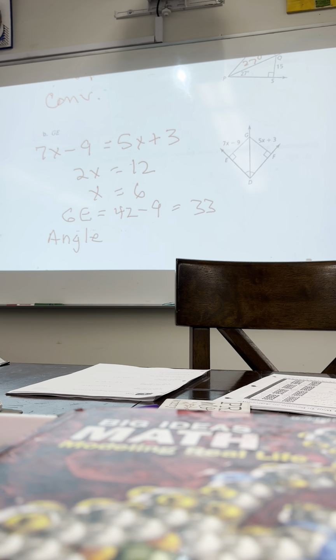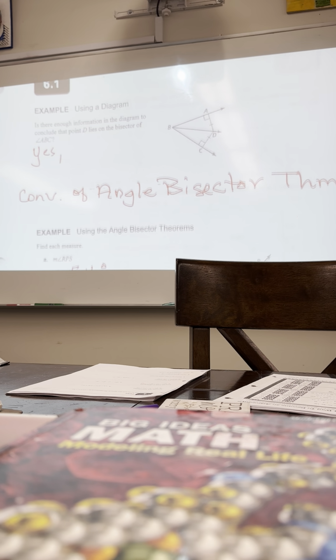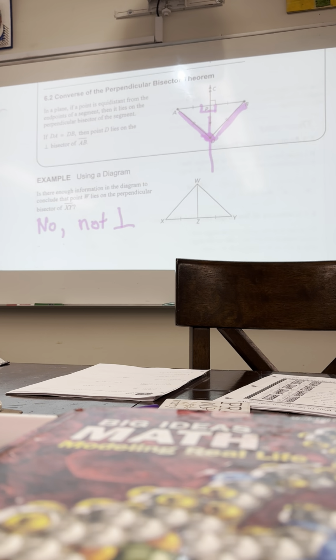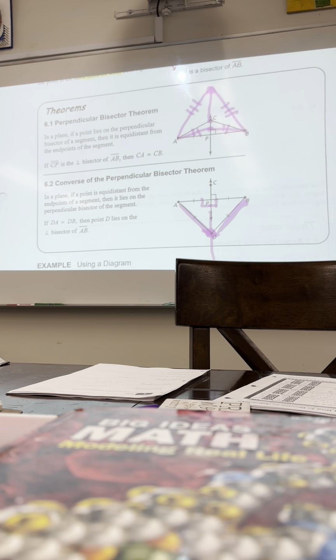Remember the example for the 6.2 theorem? We haven't been to 6.2. Yes, it's right here on the front page. 6.1? 6.2, I'm talking about 6.2. What about it? So what's the angle bisector? Would it be CP? Okay, this is a different situation. We were dealing with segment bisectors here.